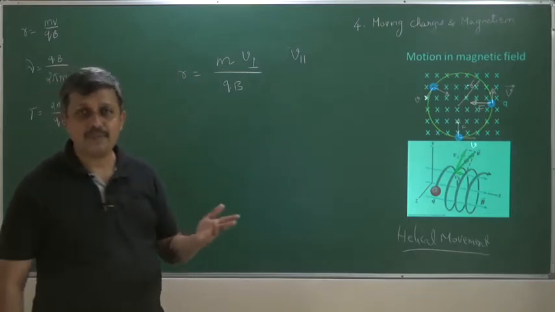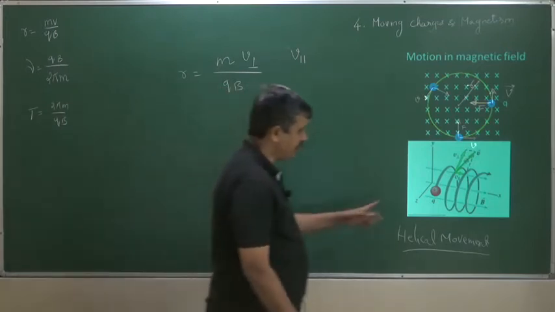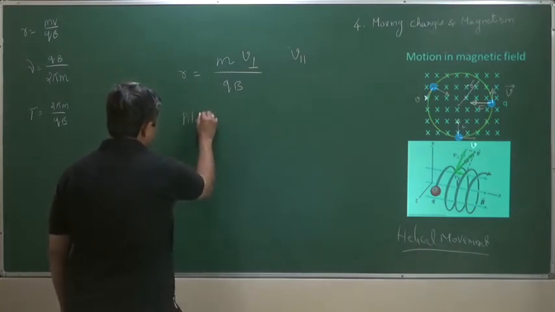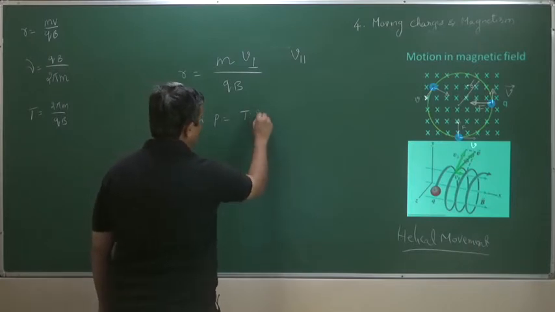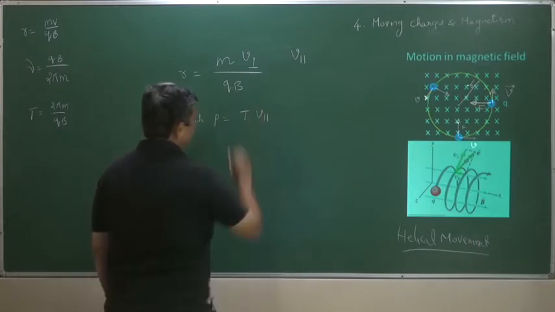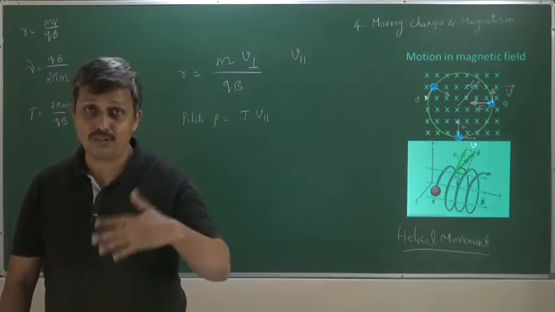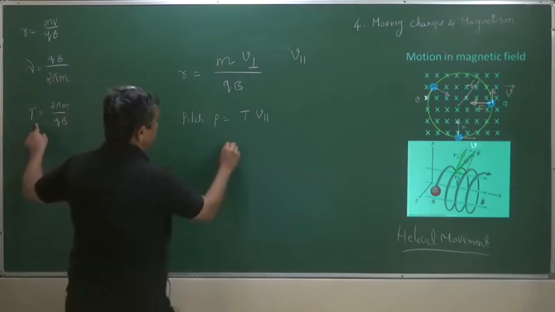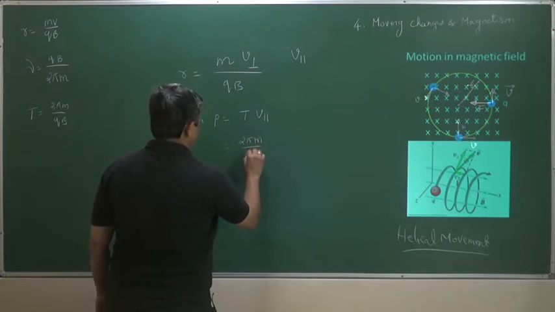If you know the time of one round, then multiplying it with the parallel velocity gives the pitch. So the pitch p equals T times v parallel, where T is the time to go one round, which is 2 pi m by qB.